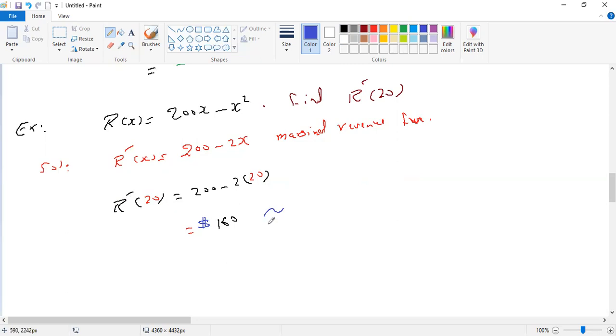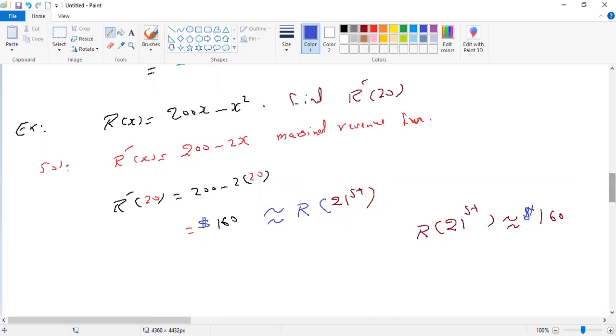This represents approximately the revenue from the sale, when I put 20, of the next unit, the 21st unit, the first one after 20, approximately $160. Okay, this is the meaning of R prime of 20.